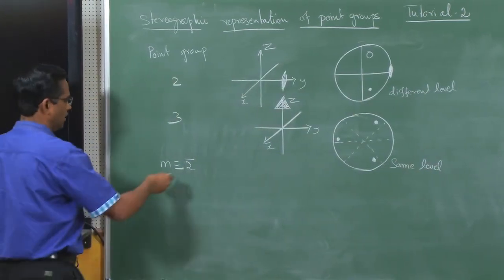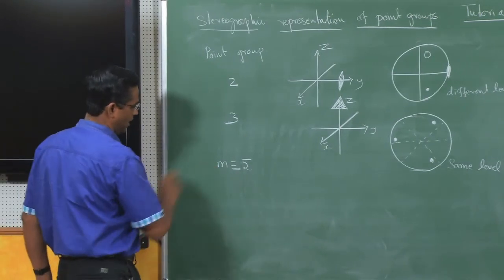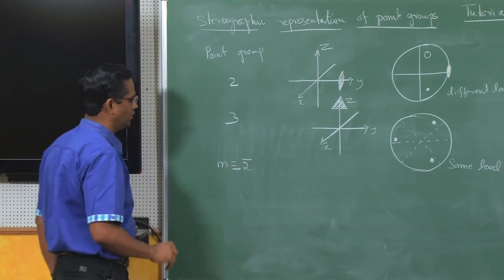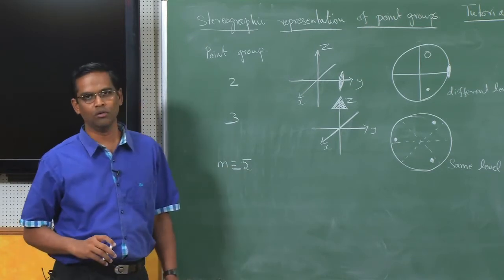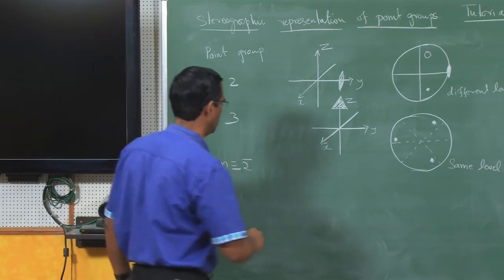So, what is 2 bar? 2 bar is equivalent to a mirror, but still 2 bar is a roto-inversion. That is the symbol 2 bar. How to draw this?